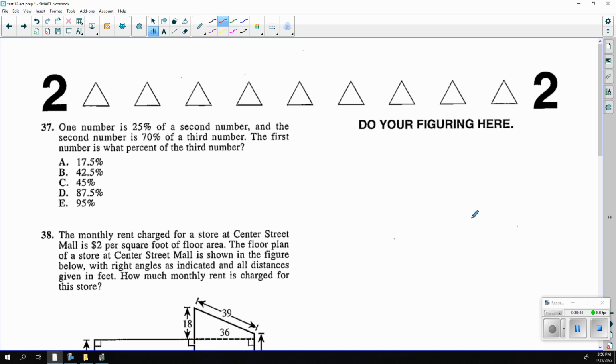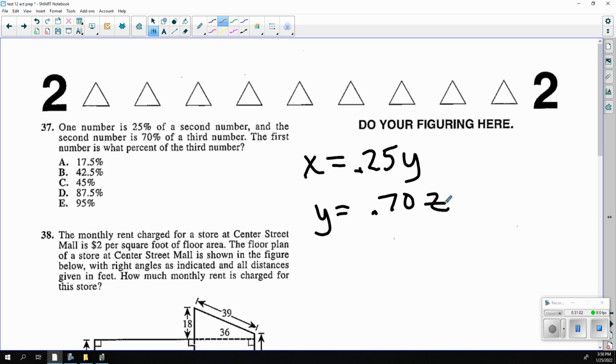One number, X, is 25% of a second number, and the second number is 70% of the third number. So the first number is what percent of the third? We've got to get y substituted here as that above.